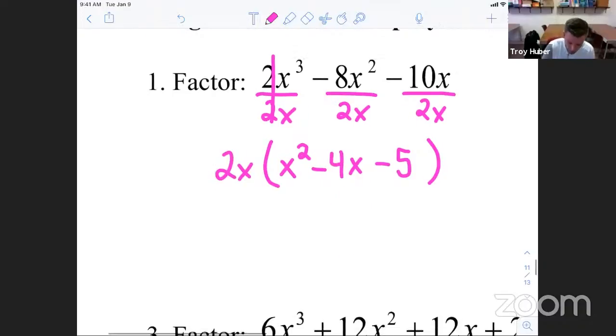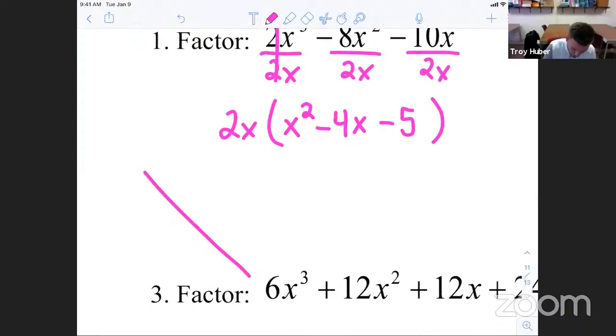When I factor, I draw my x, we multiply to the top, we add to the bottom. In this case, our a value is 1, so we multiply 1 times negative 5, which is just negative 5, and we want to add to negative 4, our b value.